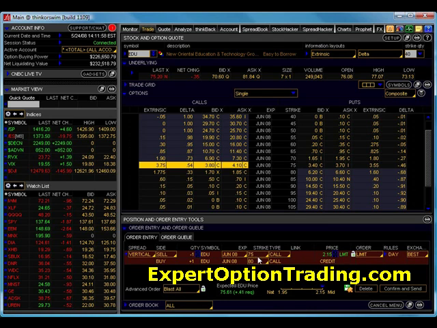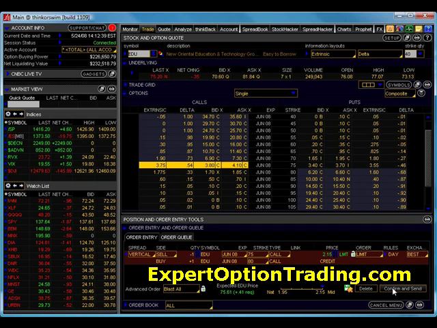Because this is a $5 wide strike, and we're receiving a $2.15 credit, what is the maximum loss on this position? Well, the maximum gain is the $2.15 credit that we received when we put this position on. The maximum loss is the difference between the $5 strike width and the $2.15 credit that we receive, which is $2.85. So the maximum loss is $2.85. The maximum gain is $2.15.